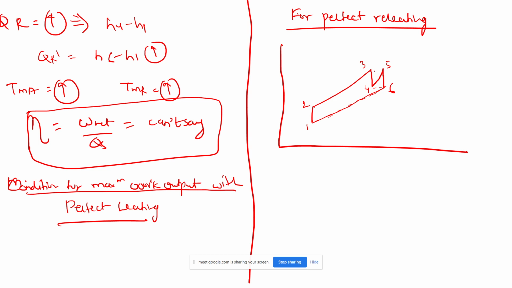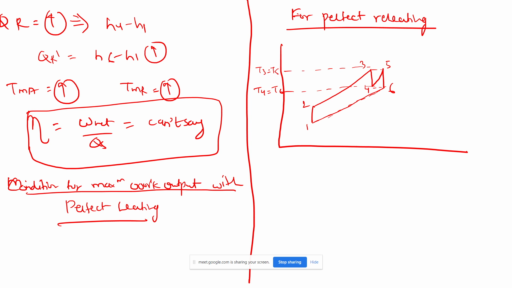This point is same, this point is also same. So for perfect reheating, T3 and T5, T4 and T6 should be the same. We will find out the condition for perfect reheating, that is, when we get the maximum work output.